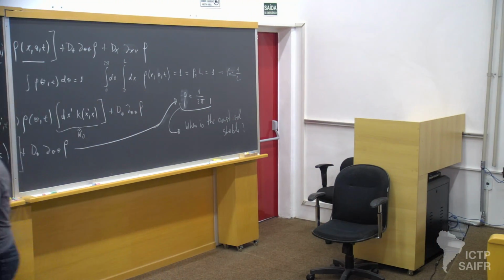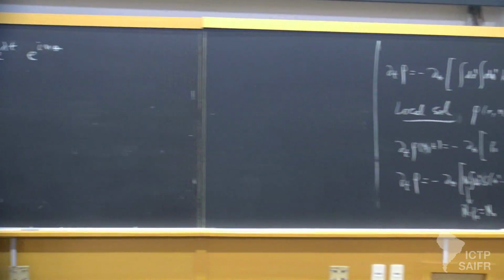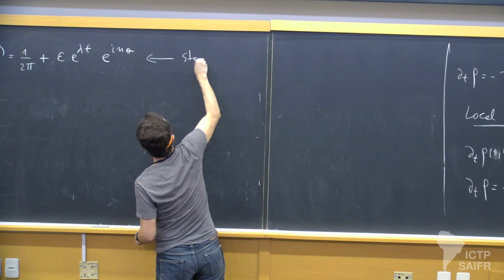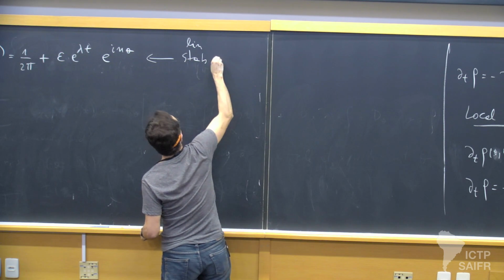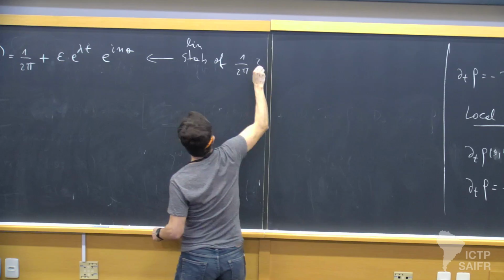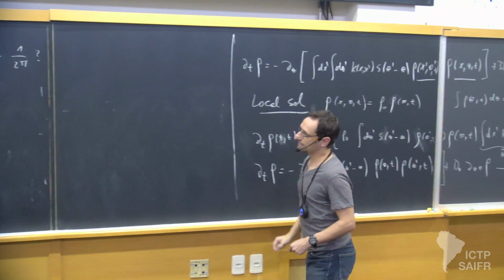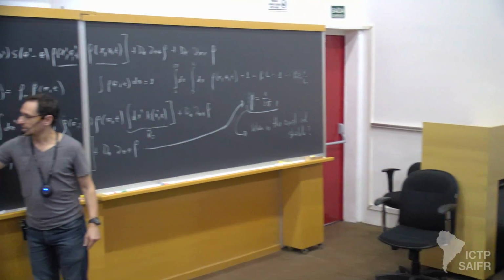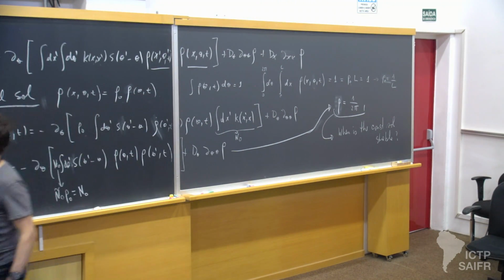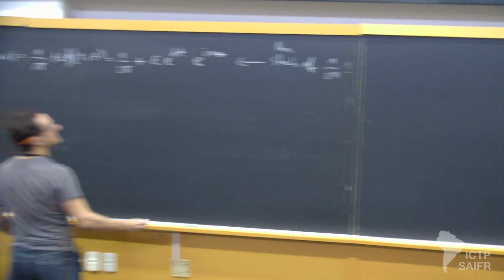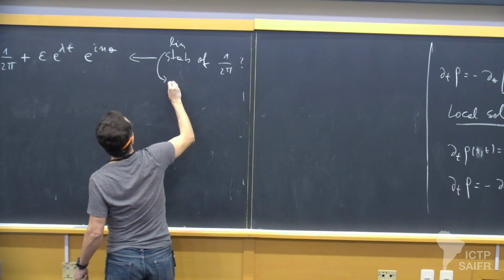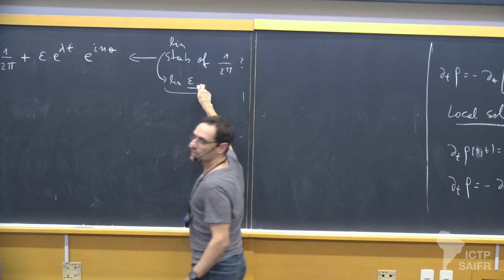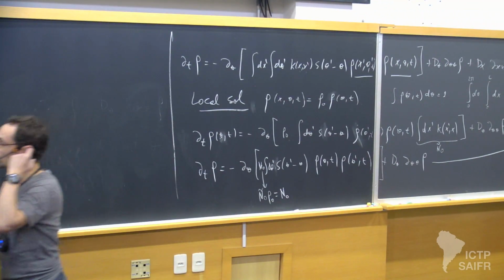So now, the question is the stability, the linear stability of 1 over 2 pi, right? So this is what we are studying. And this is our equation. So when I take this one and take the derivative with respect to time, linear stability means linear in epsilon. I'm going to throw away whatever is non-linear in epsilon, right?